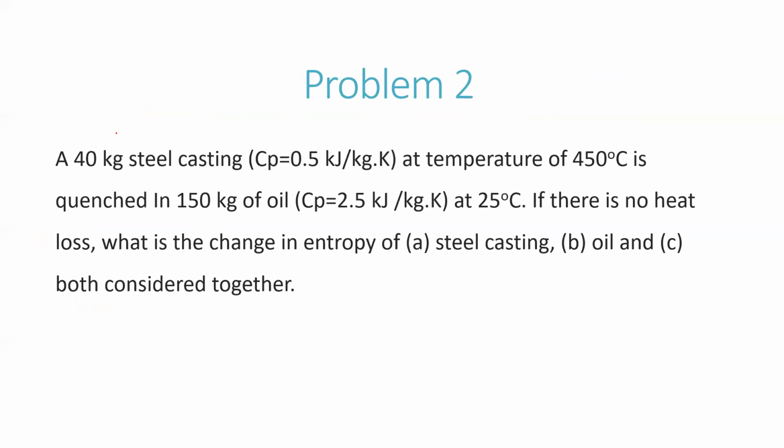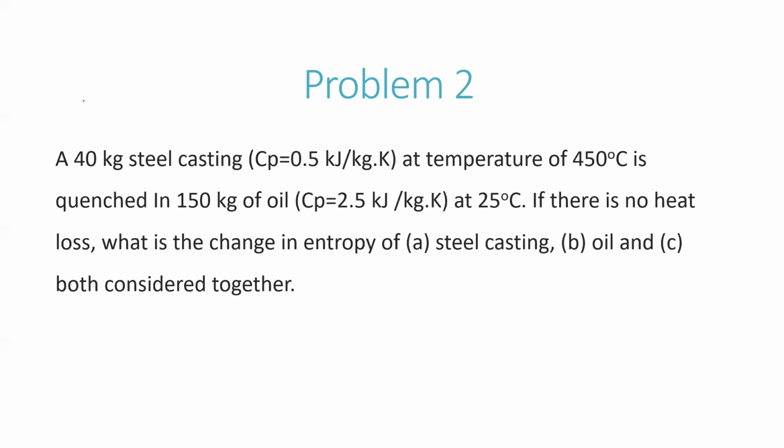A 40 kg steel casting at a temperature of 450 degrees Celsius is quenched in 150 kg of oil with this as its Cp at 25 degrees Celsius. If there is no heat loss, what is the change in entropy of steel casting, oil, and both considered together? So you have to keep this in mind that entropy change delta S is basically the integral of dQ by T, correct?